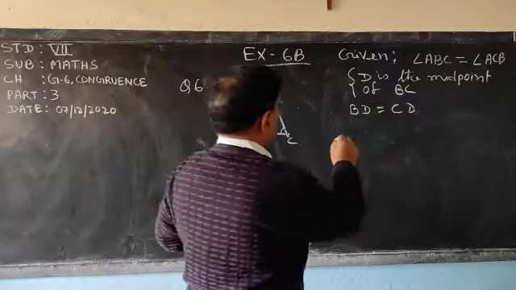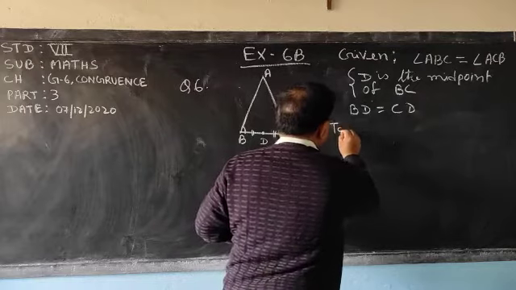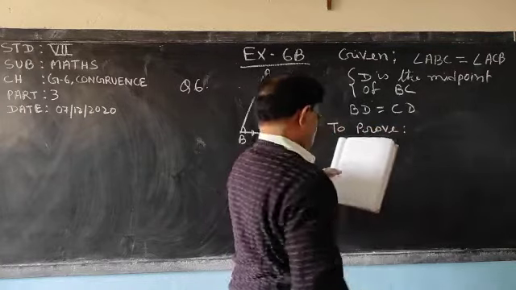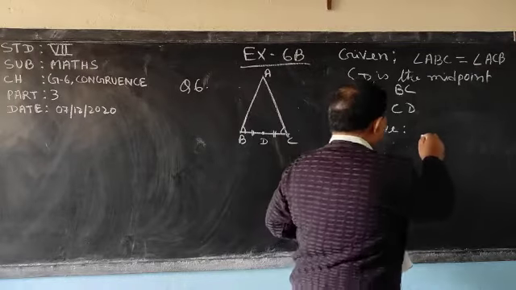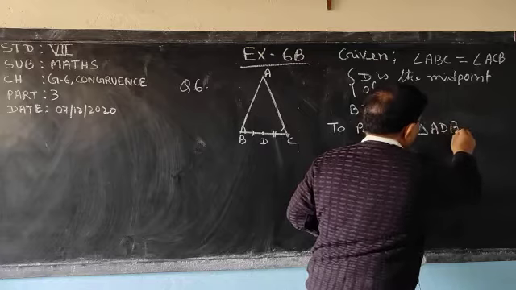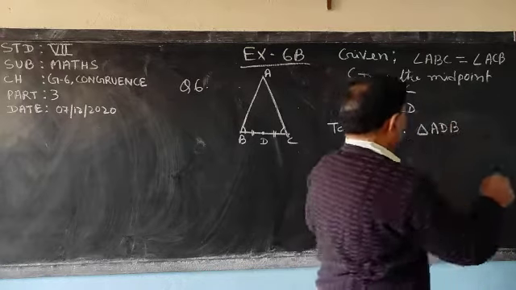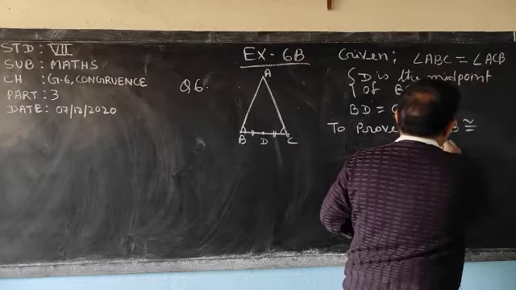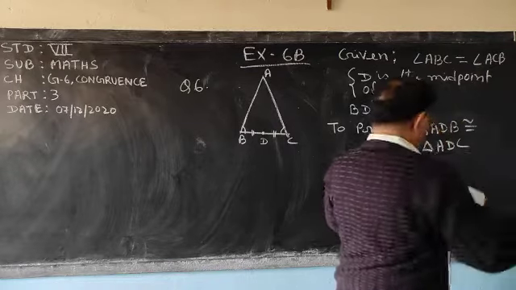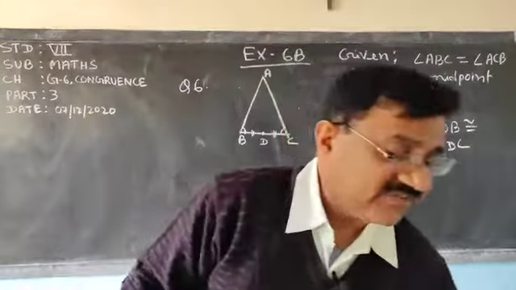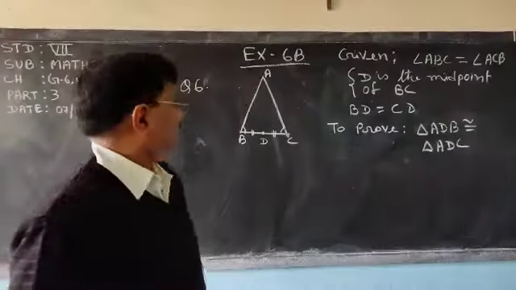What to prove? To prove triangle ADB is congruent to triangle ADC.